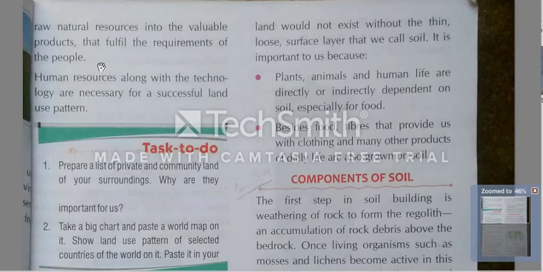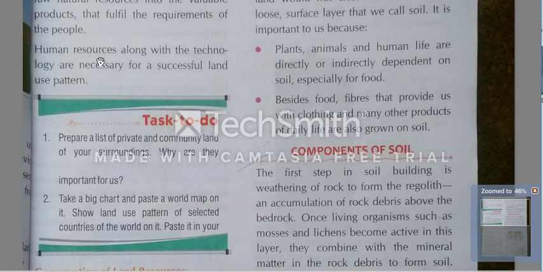Now we will see how human resources along with the technology are necessary for a successful land use pattern.